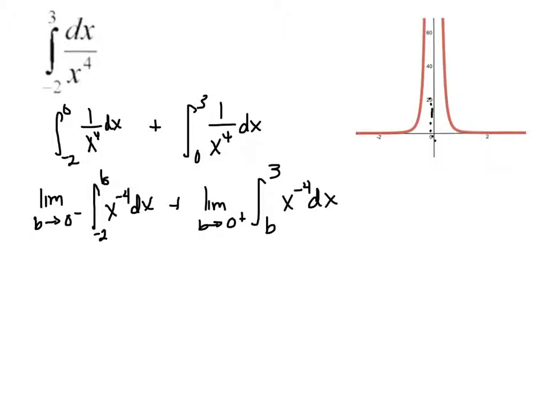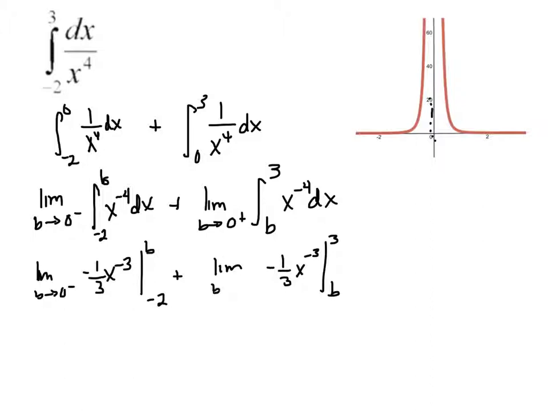So finding the antiderivative, we raise the power, divide. A lot of times it is nice to rewrite these with a positive exponent. So this would be negative 1 over 3x cubed. Evaluate at b and negative 2.